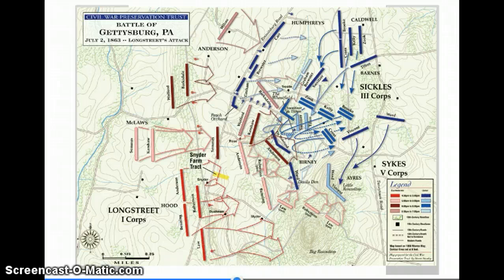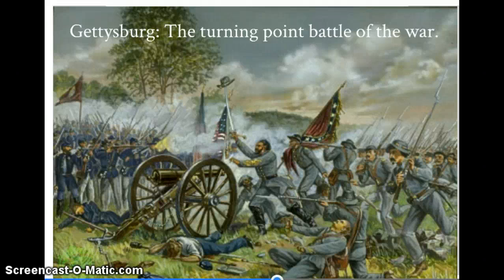The Battle of Gettysburg, the turning point battle in the Civil War, July 1st through 3rd, 1863. This was a major Confederate loss. There were 160 some odd thousand people fighting in this three-day battle, combined Union and Confederate forces. There were 51,000 deaths in this battle, again, combined Union and Confederate forces.